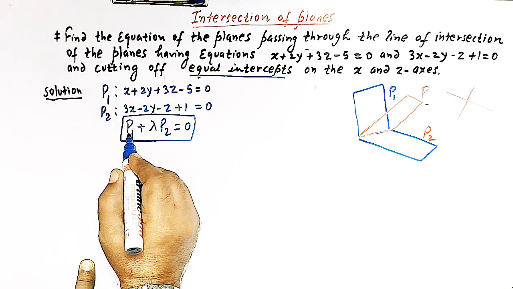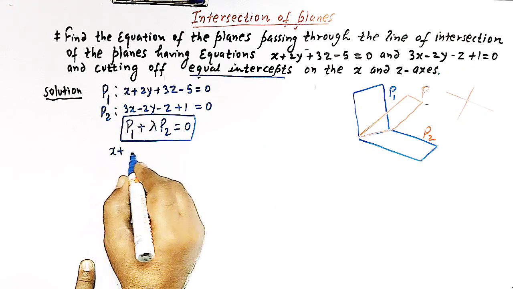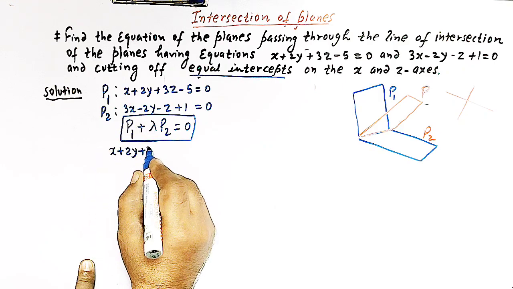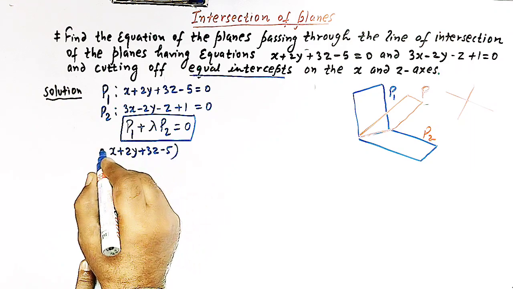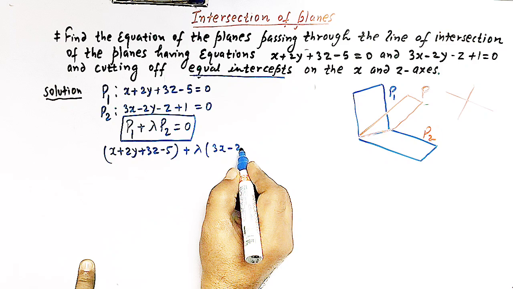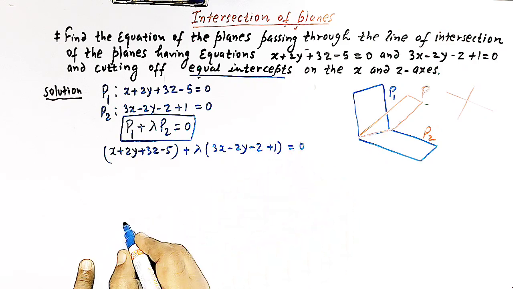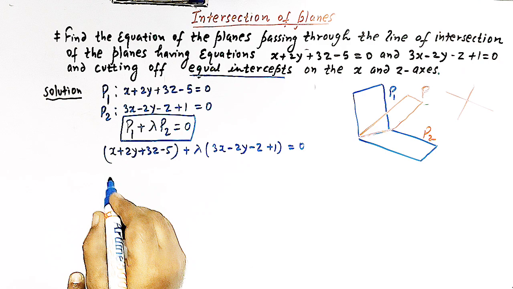So let us substitute the value of P1. The plane P1 is x + 2y + 3z - 5, and then we have λ times (3x - 2y - z + 1) = 0. So let us rearrange this equation.